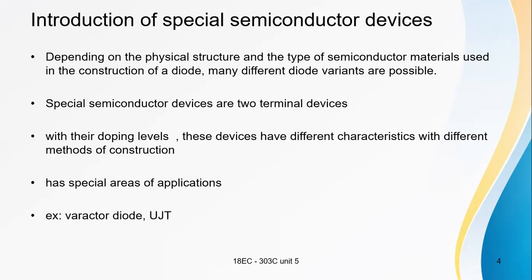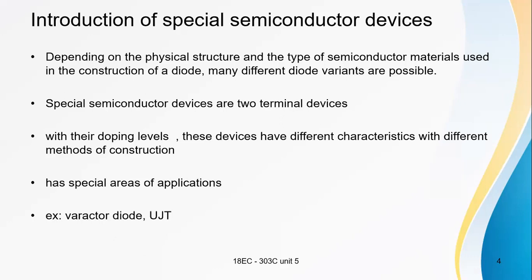Those are called special semiconductor devices, and some of these special devices are two-terminal devices and three-terminal devices. With the doping levels of the semiconducting materials, each device has its own different characteristics, with different methods of construction.